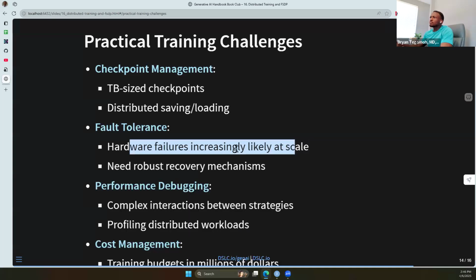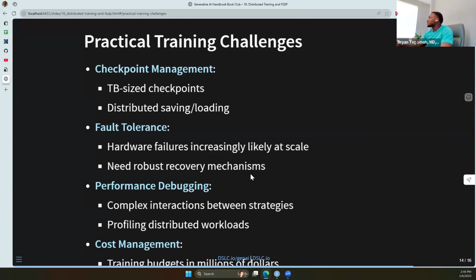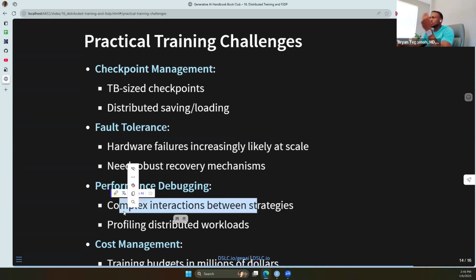Sometimes hardware may go bad or something might go wrong and need to be fixed or corrected. We have debugging some very complex interactions between the different strategies, which you have to pinpoint, identify, and then fix, and then controlling the enormous training cost that happens.